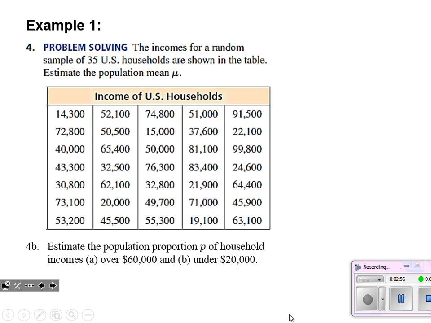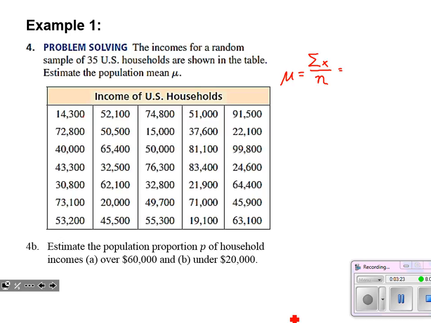Based on our sample, we are going to use the mean as a descriptor there. So our population mean mu is going to be the sum of all of these entries over 35. I'm just going to write the sum of all of our x's over the number of elements. In this case, that's 35.